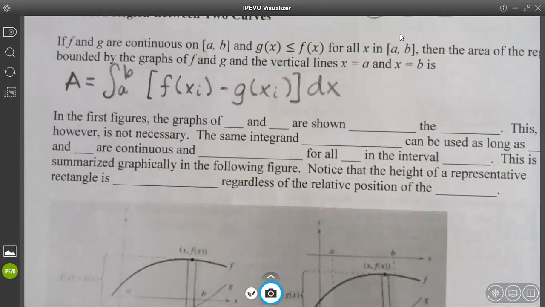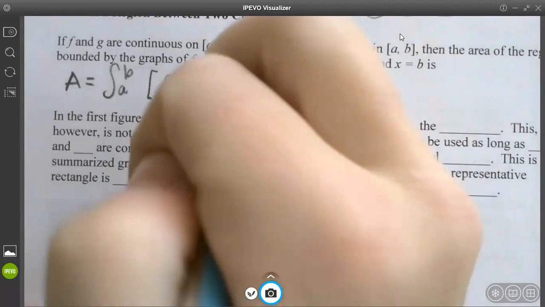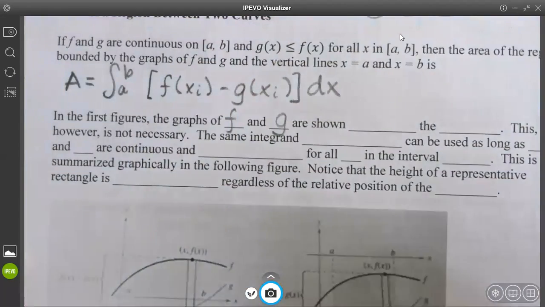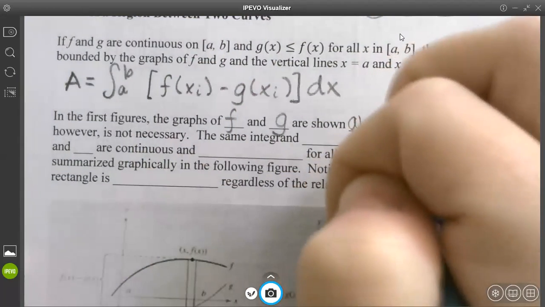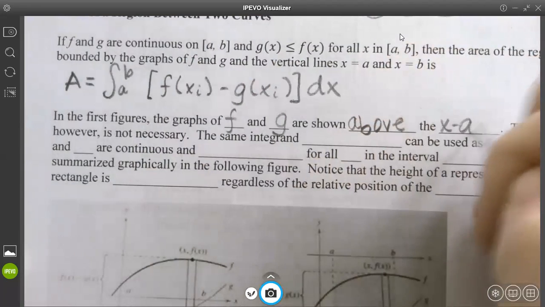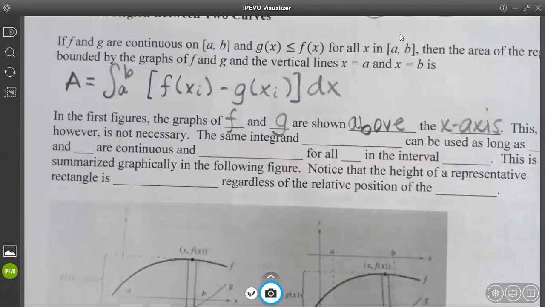So in the first figures, the graphs of f and g are shown above the x-axis. This, however, is not necessary.